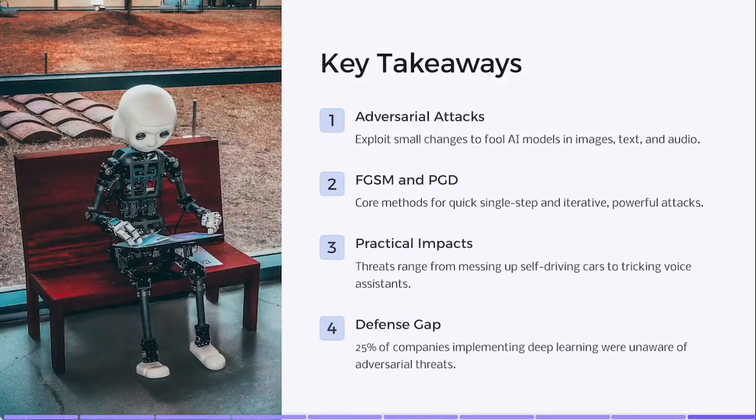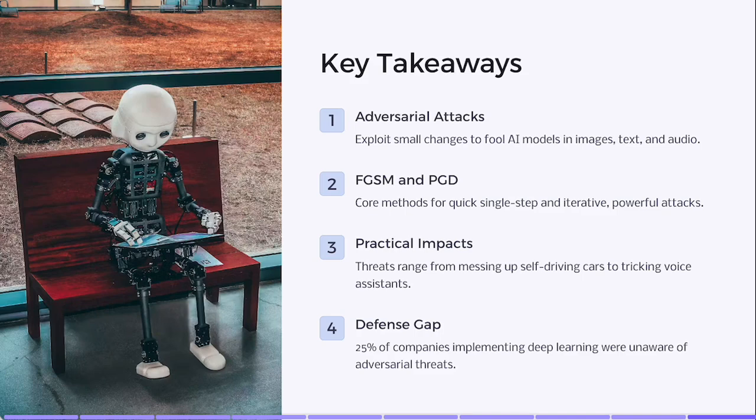As we conclude, adversarial attacks exploit small, often invisible changes to fool AI models in images, text, and audio. FGSM and PGD are two core methods: FGSM for quick single-step attacks and PGD for a more iterative, powerful approach. Practical impacts range from messing up self-driving cars to hijacking voice assistants. These attacks pose a real threat.